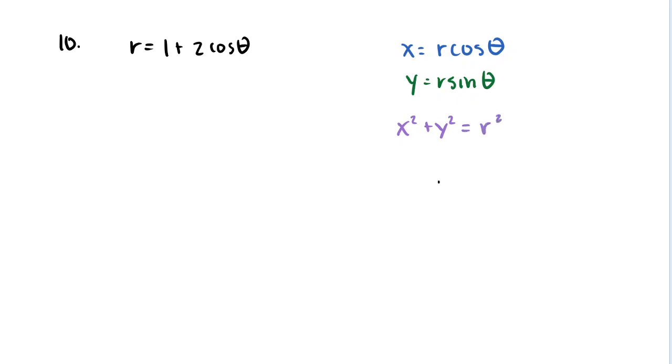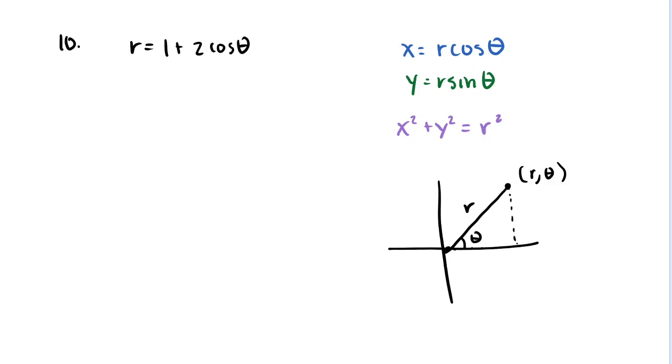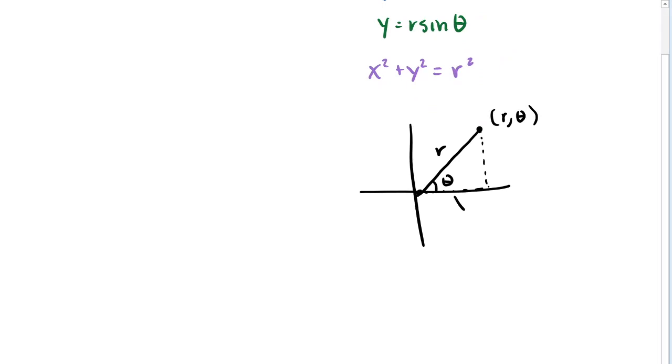And this can all be seen from the triangle, right? If I have a point here, this is r comma theta, this distance is r, and this angle is theta. And we're trying to see what this point would be in terms of x and y. Well, that would be this distance here and this distance here. And it's just true that if we take sine of theta, we get y over r. Right, so here sine of theta is equal to y over r.